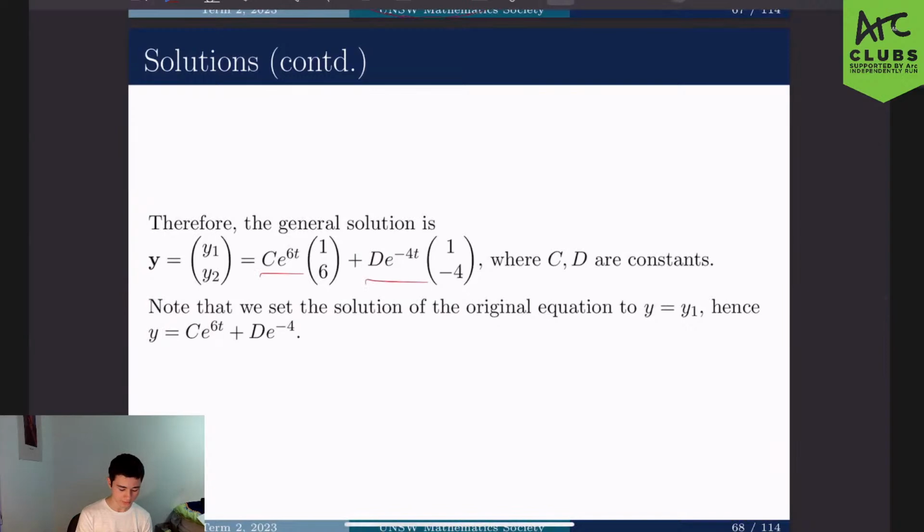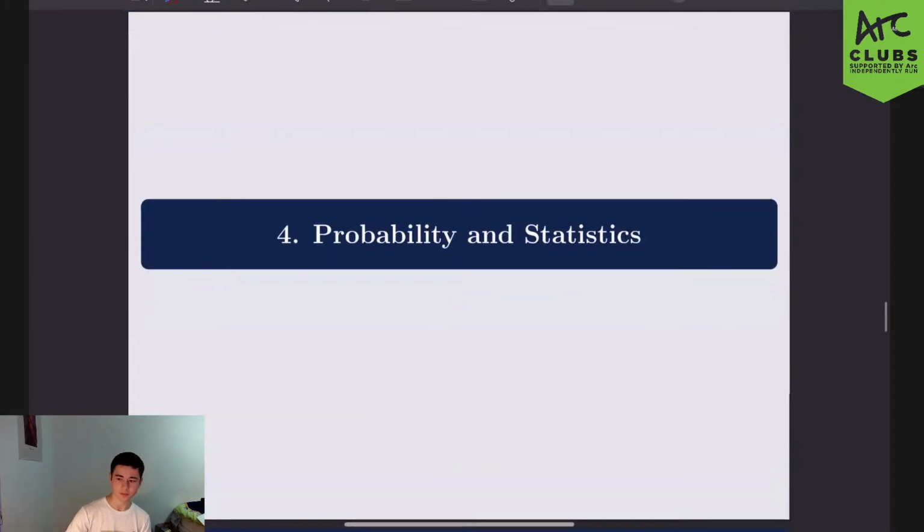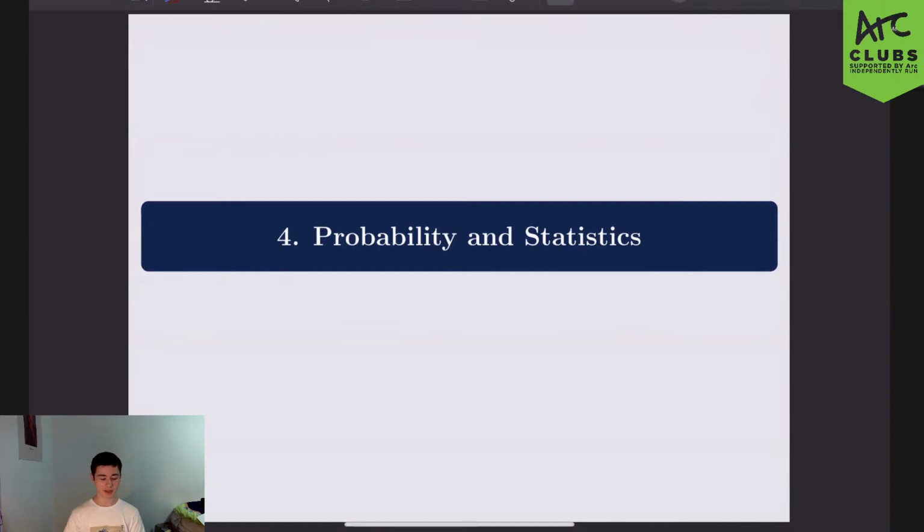Since we've solved for y1 and y2, which are y and the derivative of y with respect to time t, and y2 is dependent on y1 because it's the derivative, we have our answer, we've found y. Awesome, that's going to bring my part to an end, and I'm going to swap out with Aaron.